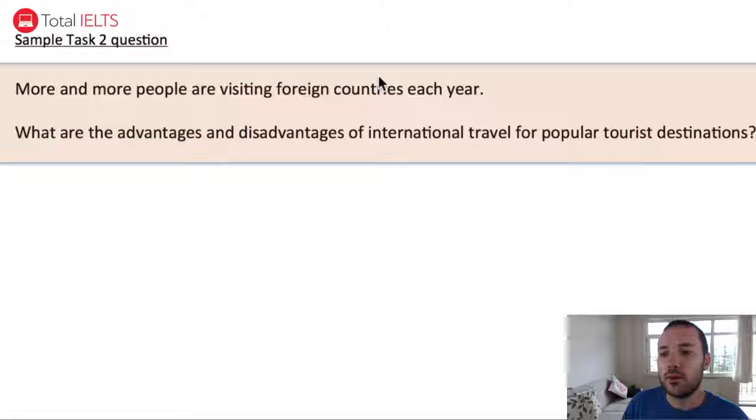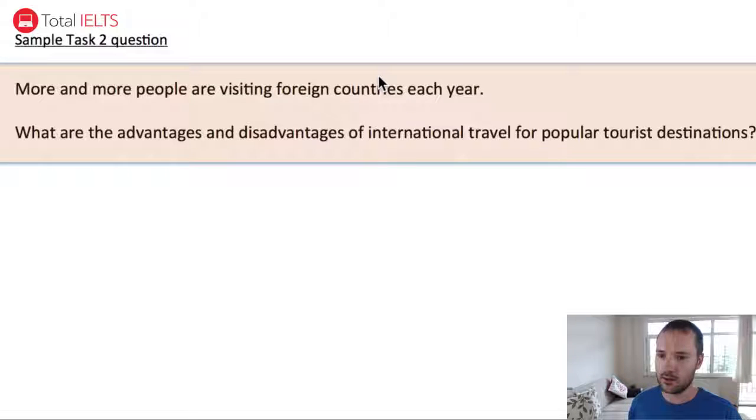More and more people are visiting foreign countries each year. What are the advantages and disadvantages of international travel for popular tourist destinations? Now, as I said, it's really important that you know what your examiner is looking for here.